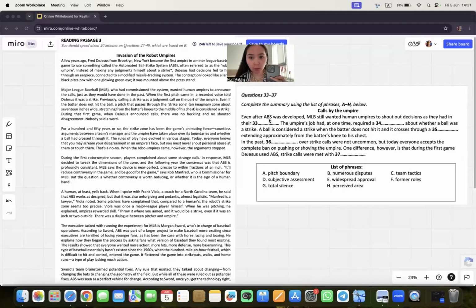Start with question number one, and then you're gonna find the keywords, technical words, the names, and paraphrasings. And this is how you find the answers. And also the title might help you. Of course, you have answered other questions so far before question 33, and you might already know the location of the answers.